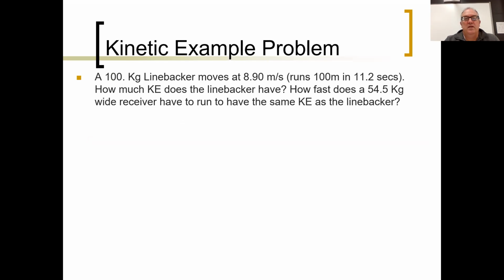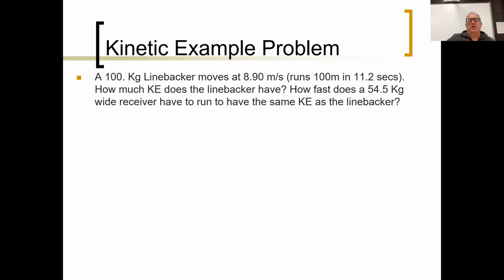What we want to know is how much kinetic energy does he have? And then if we have a smaller linebacker or wide receiver, how fast would he have to run to have that same amount of kinetic energy as that linebacker?